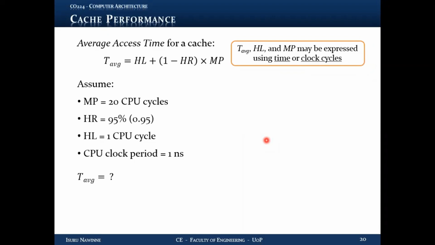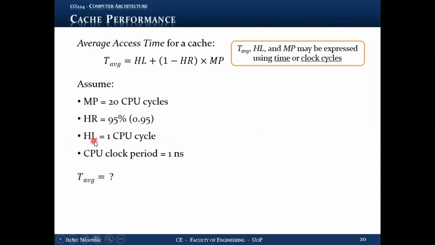That is, 95% of the accesses are going to be hits in the cache. That depends on a lot of things: the cache as well as your instruction set, and the pattern of memory accesses generated by your program running on the CPU. So 95% of those accesses are going to be hits. If we express that as a fraction, 0.95.